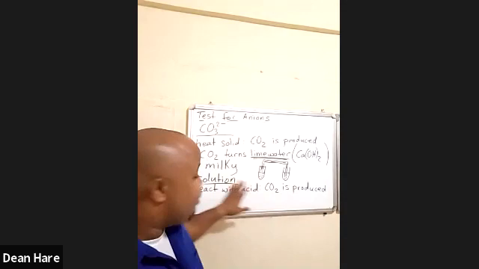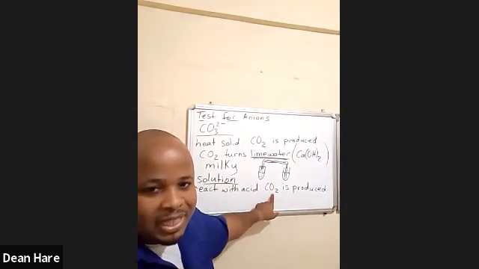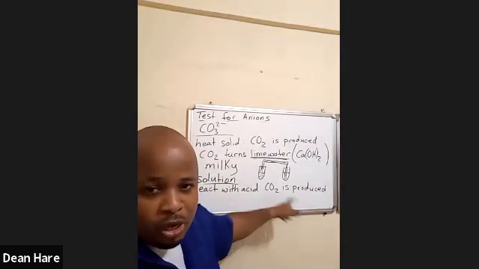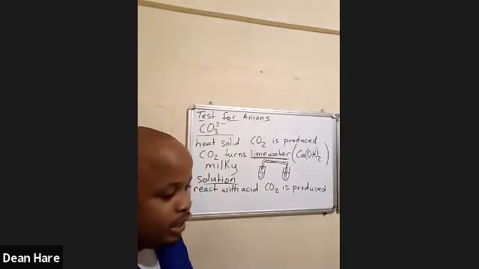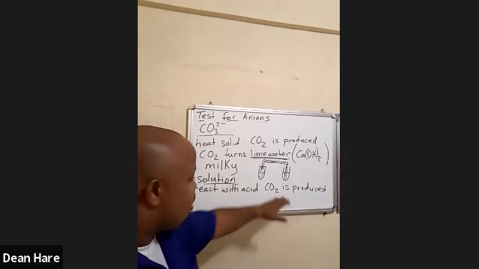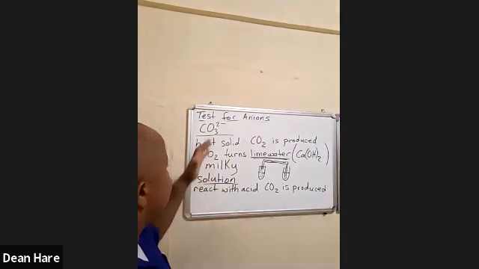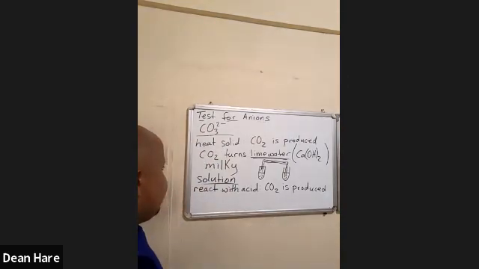So how we know the carbonate is present is by confirming the presence of CO2, because the only negative ion that is going to produce carbon dioxide is the carbonate, all right? Not the nitrate, not the sulfate, not the sulfide. So if you confirm carbon dioxide is present, then it means that the carbonate ion was there all along. So this one is kind of easy.